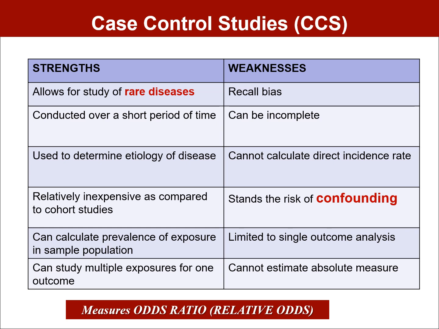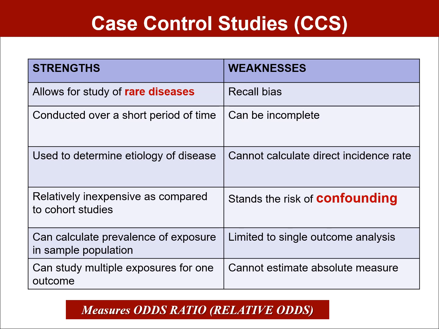As such, because you're unable to compute incidence in case control studies, you will be unable to measure an absolute risk. All right. However, you will be able to measure a relative measure, which would be the odds ratio, because that does not include incidence. I hope this makes sense. Again, from the discussion exercise, we would explore this in more detail. Please let me know if you need further clarification on these concepts as we make progress.